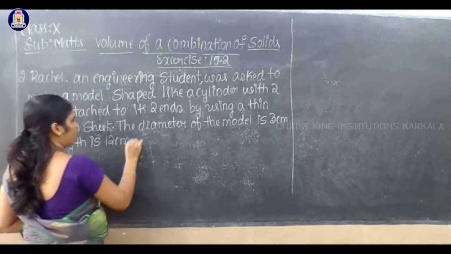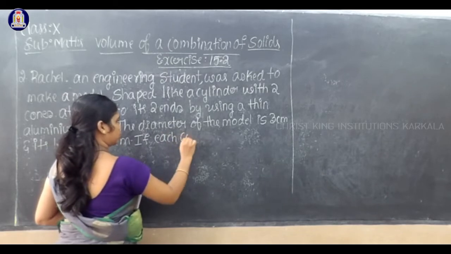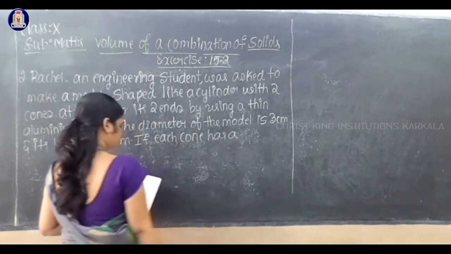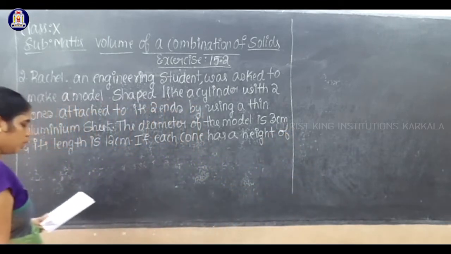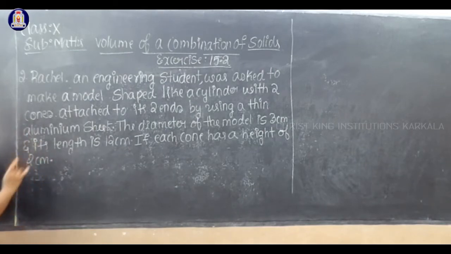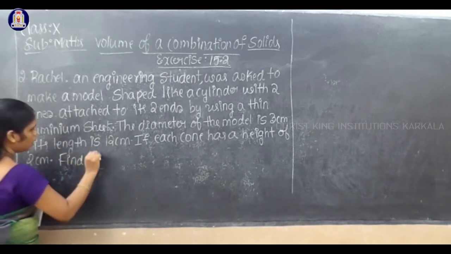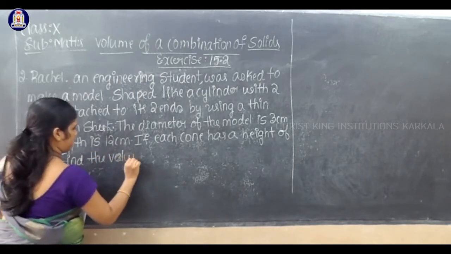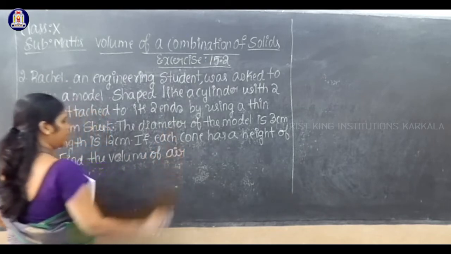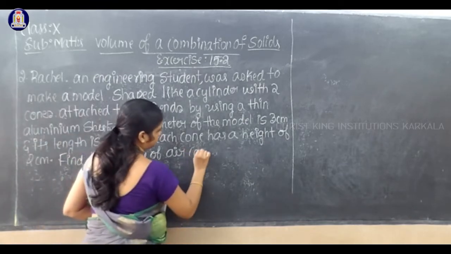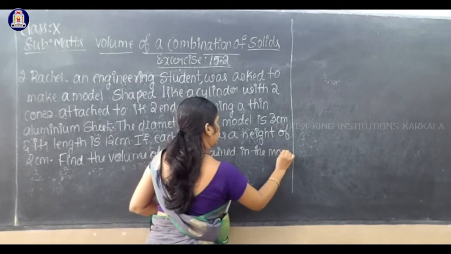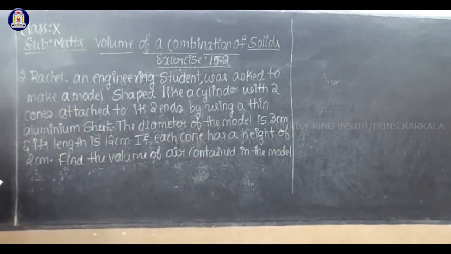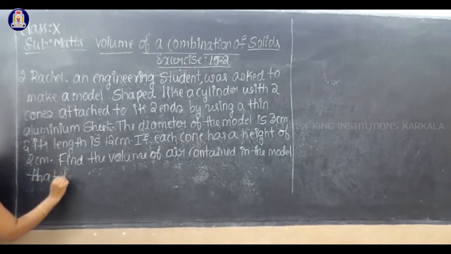If each cone has a height of 2 centimeter, find the volume of air contained in the model that Rachel made.